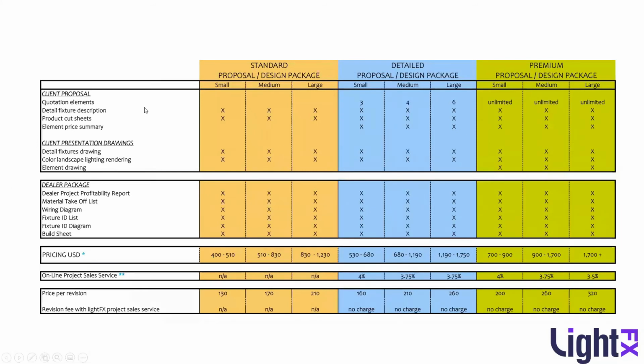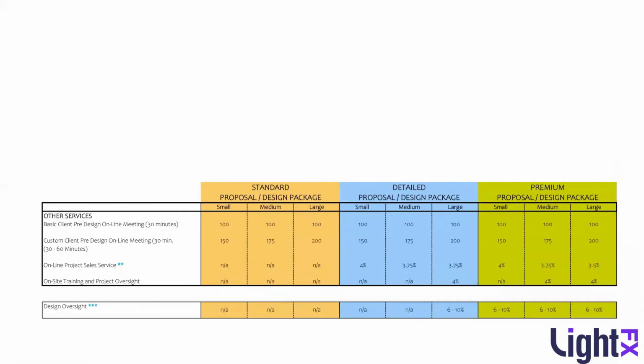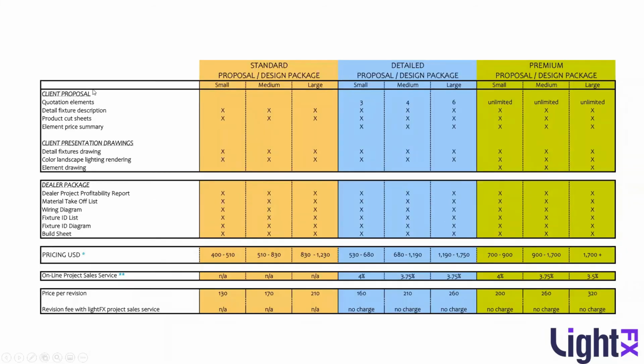Depending on your requirements, you might be a company that's been doing lighting for a long time and you just need me to do the design. So there's a client proposal, and it shows you, depending on which option you take, what you get, what the prices are, and the prices for revisions.